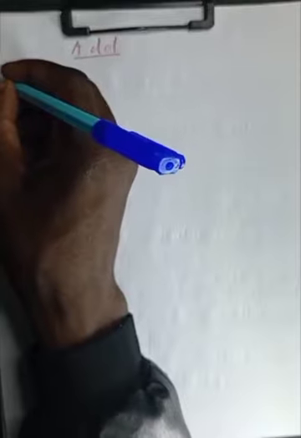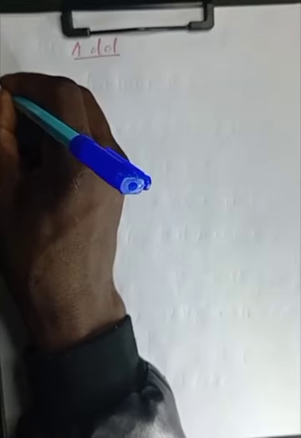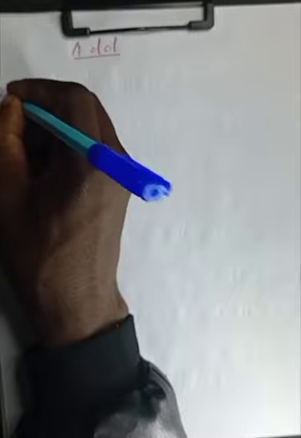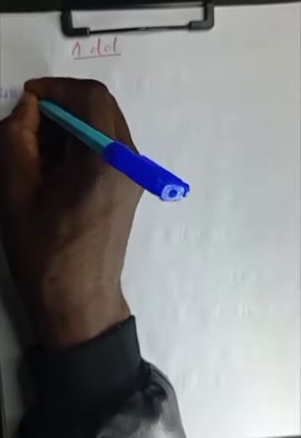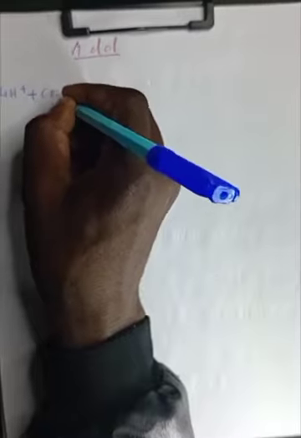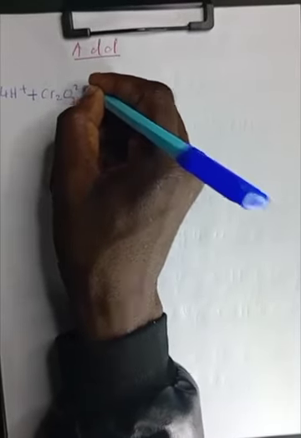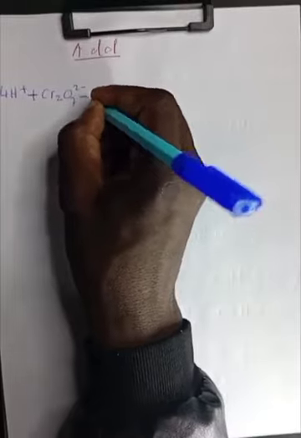So as we add, you're going to do this. So we have 14 hydrogen ion plus Cr2O7 2 minus there, then plus 6 electrons. This is from the reduction.